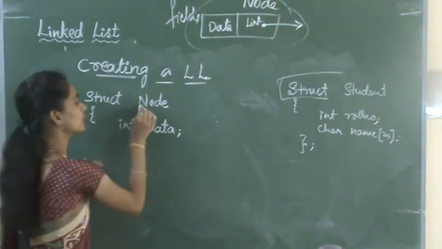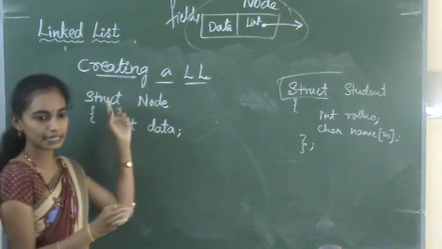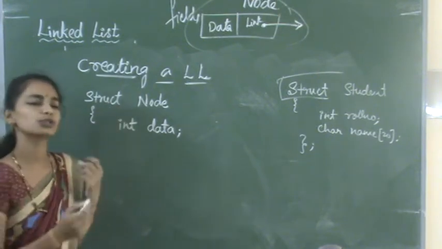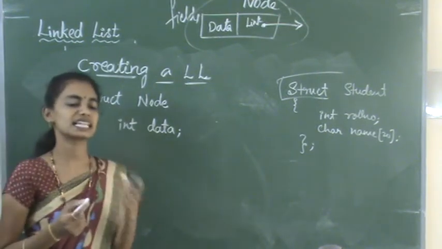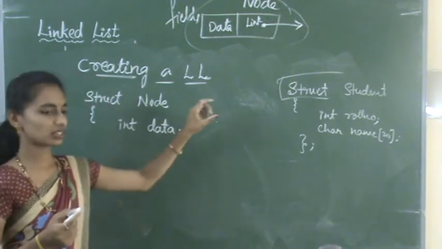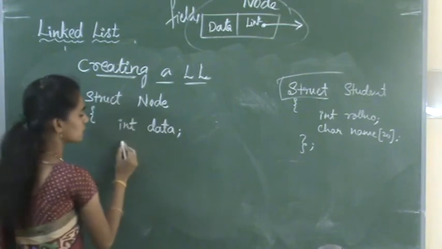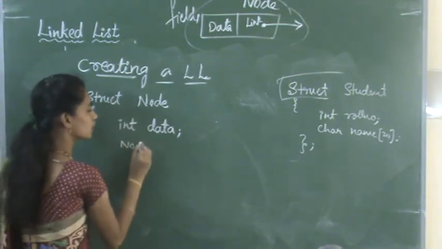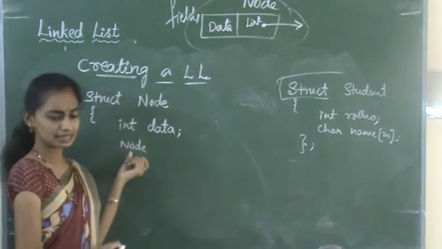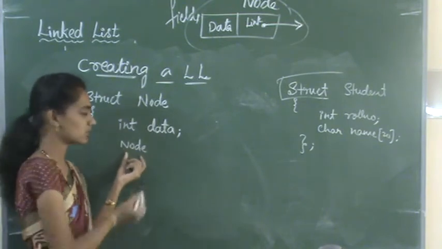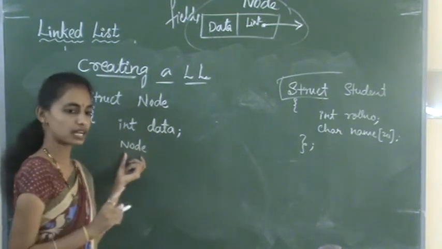This link field should always be of the data type struct. You people remember the nested structure, where the structure contains another structure. We are using that concept. So we are using that node. This is the name of the structure, which is of type struct, right?